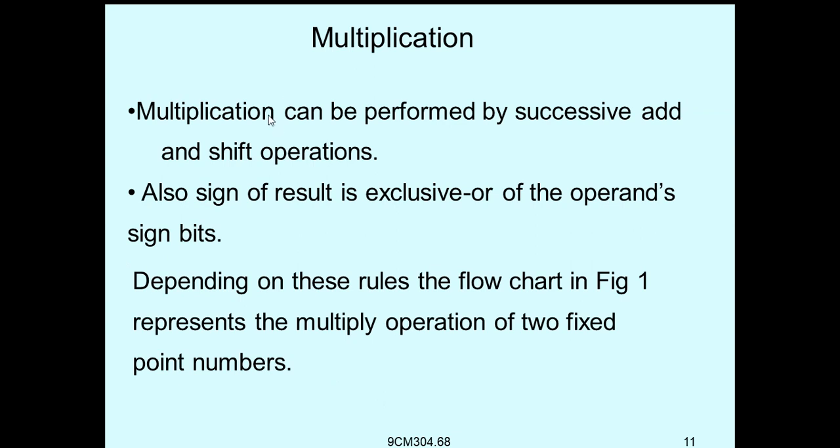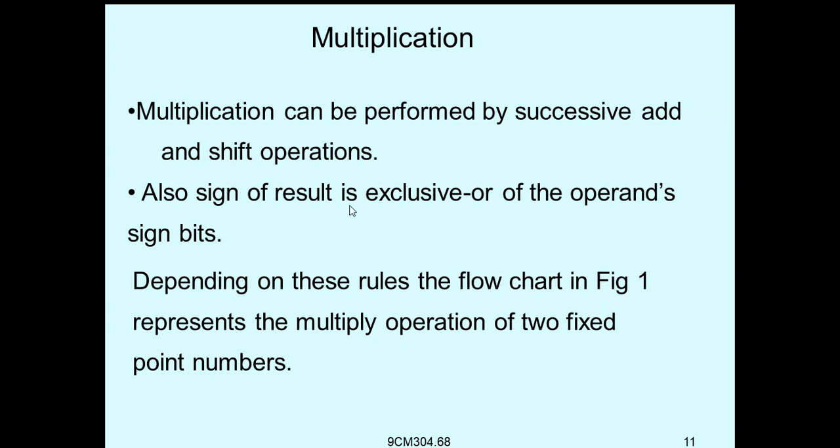Here, see this one: multiplication can be performed by successive add and shift operations. And the conclusion is that multiplication can be performed by successive add and then shift operations.